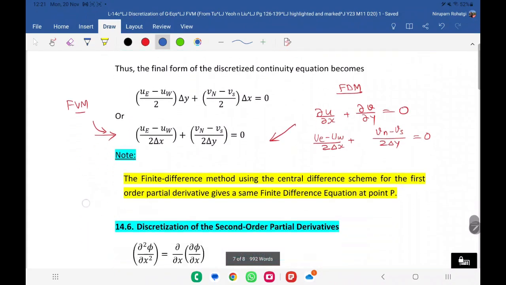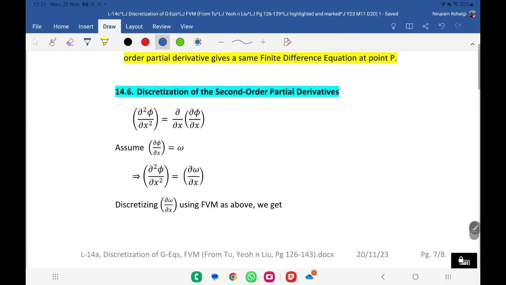That order we don't know. Now I can take another 5 minutes and finish; there is no new concept in this. We can also do the discretization of the second order partial derivative. The only thing we have to do here is write del square phi by del x as this.